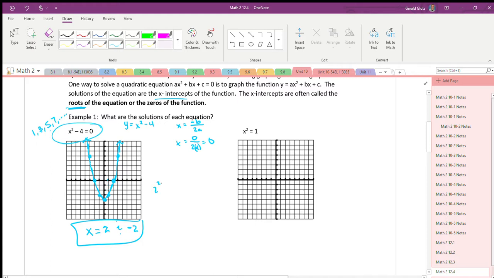If I do 2 squared minus 4, 2 squared is 4, and then 4 minus 4 is 0, so yes, that works. If I did negative 2 squared minus 4 equals 0, negative 2 squared is also positive 4, and 4 minus 4 does equal 0. So those numbers would both work.